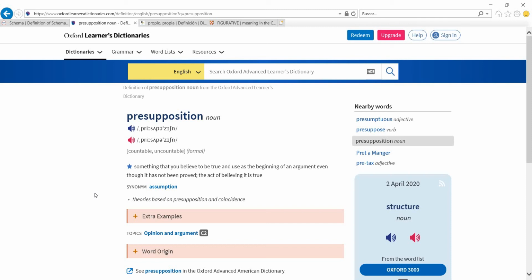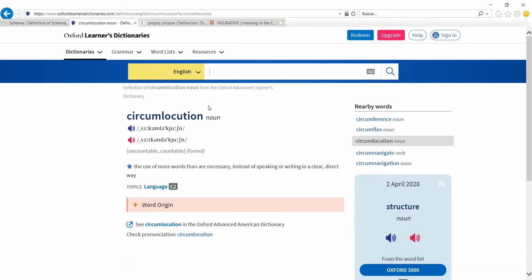Now, as I said, this can be a problem, right? And another very important linguist, Alan Cruse, says that the fact that we don't spell everything out in language is actually a valuable feature of the language, right? Though it can lead to what we sometimes call circumlocutions, right? Circumlocution, with secondary stress and primary stress.